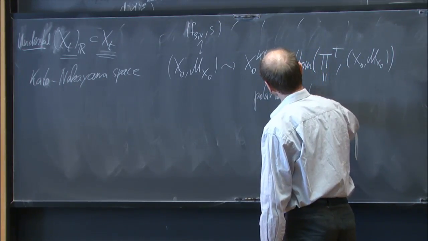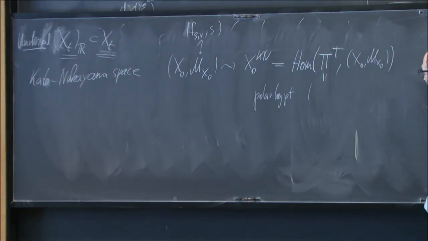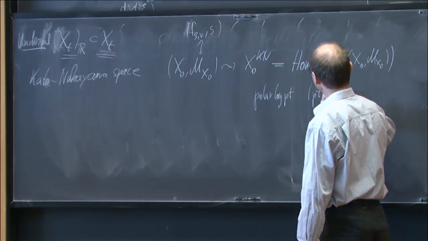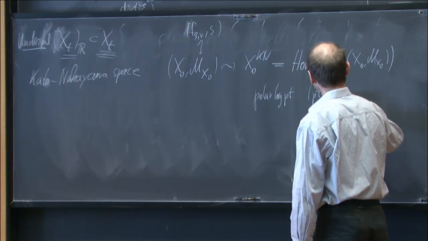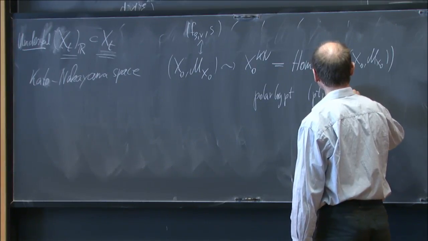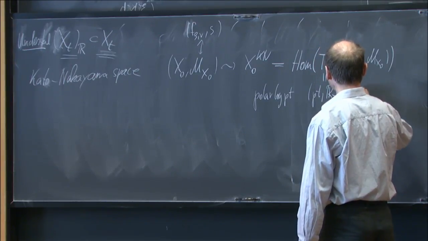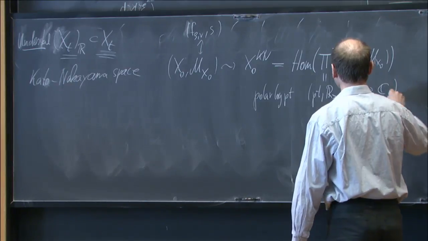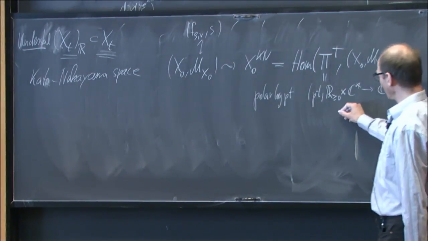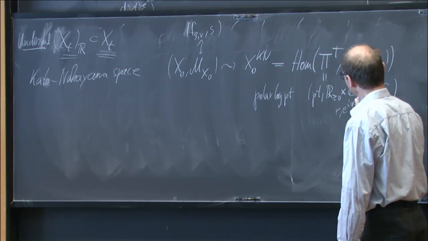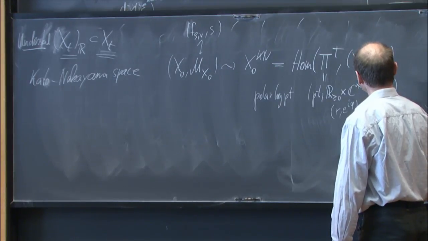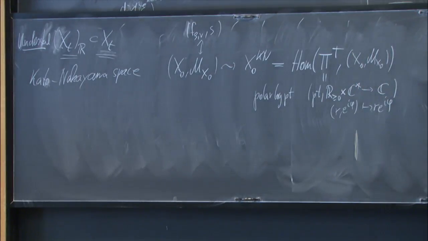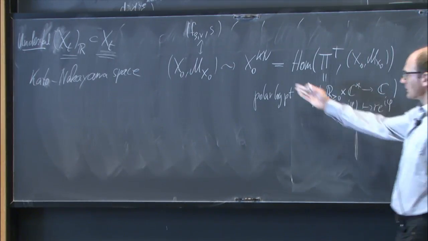It has something to do with real blow-ups and polar coordinates. So it's just a point, and then there's a log structure that's a morphism from some monoid to the structure sheaf. The structure sheaf for a point is C, and that's just polar coordinates. So r e^(i phi) maps to r times e^(i phi). Okay? So there's a canonical way to write this down.